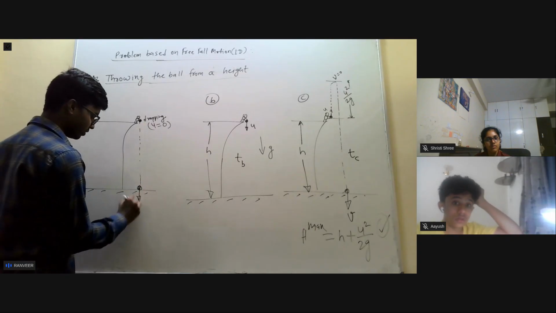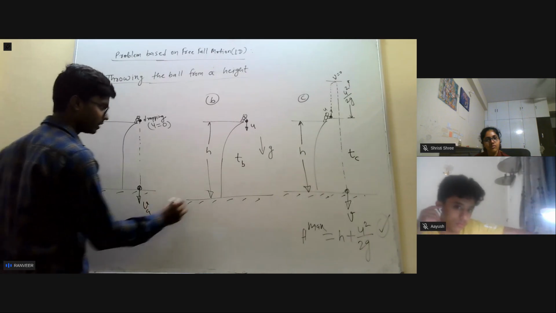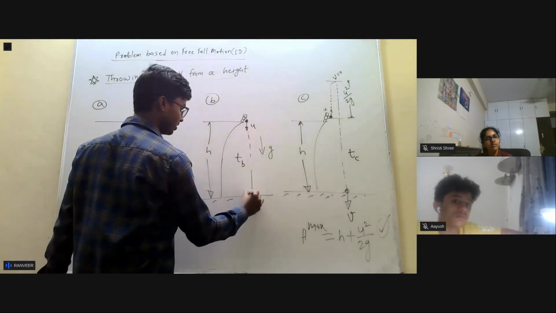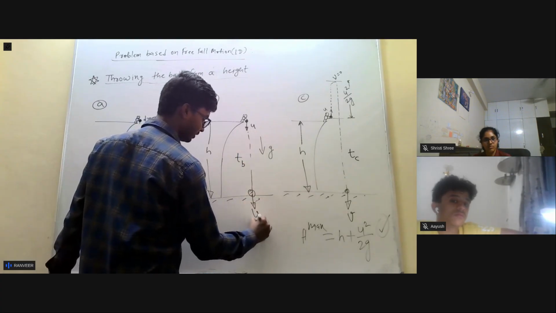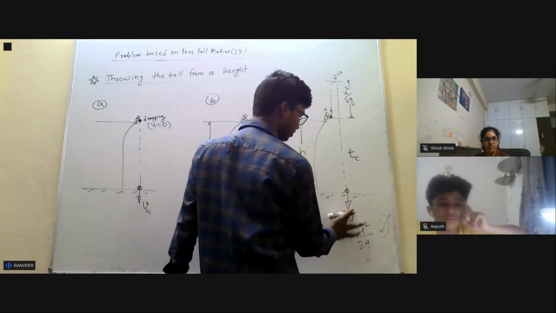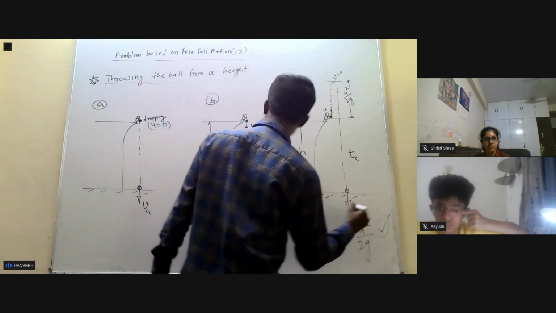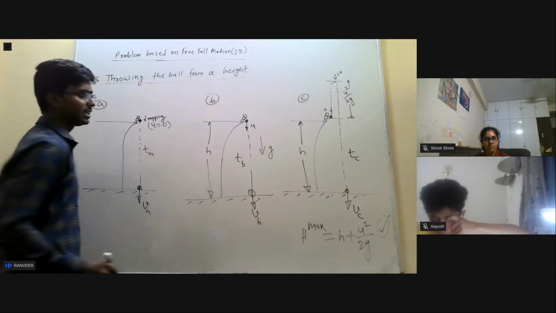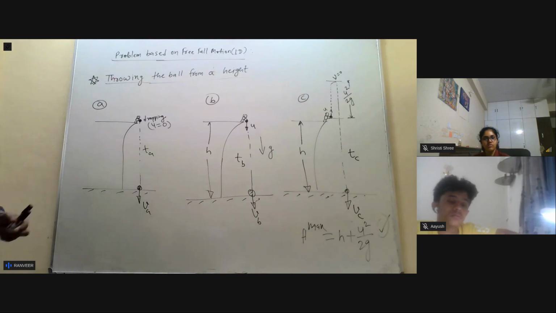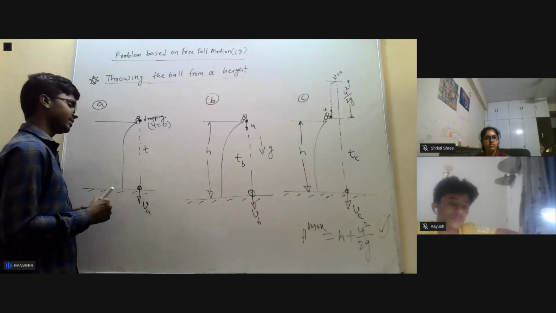It hits the ground with speed VA, VB, and VC. It takes time TA, TB, and TC. Now tell me, which of TA, TB, TC will be greater?